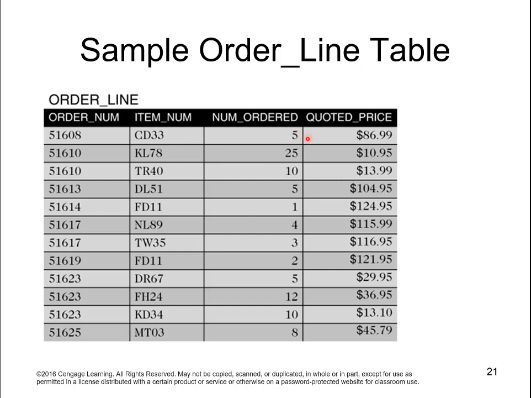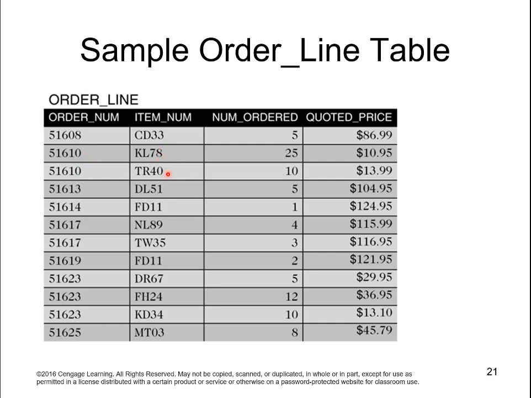And 5 of those were ordered, and the quoted price was $86.99. Now that's great, and if you notice, there's only one of these numbers. So that means there was only one line item on this order. But the next one, 51610, you can see there's 2 of them here. So that means there's 2 line items on the same order.